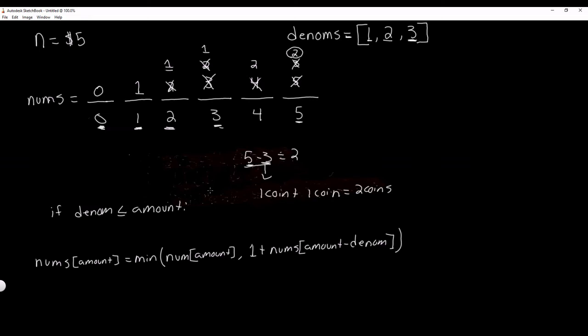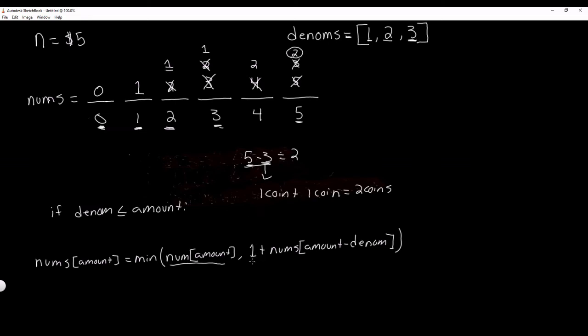Okay. We're taking the minimum value of the current index, which is whatever it is currently, and the minimum coins necessary to make change, because we have to check to see if the new minimum number of coins is less than what we had found using our previous coin denominations.